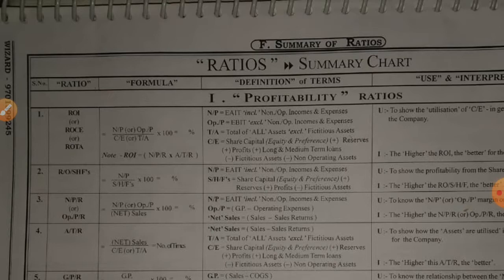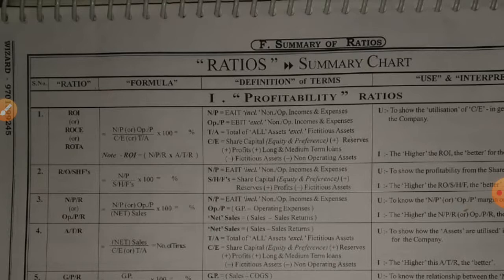If it is return on investment, we will take total assets. If it is return on capital employed, in the denominator we will take capital employed. If it is return on shareholders' fund, in the denominator we will take shareholders' fund. The numerator will always be net profit or operating profit, depending upon the situation given in the information.